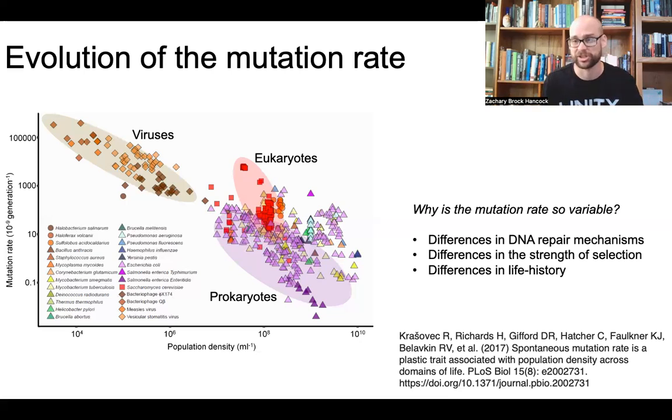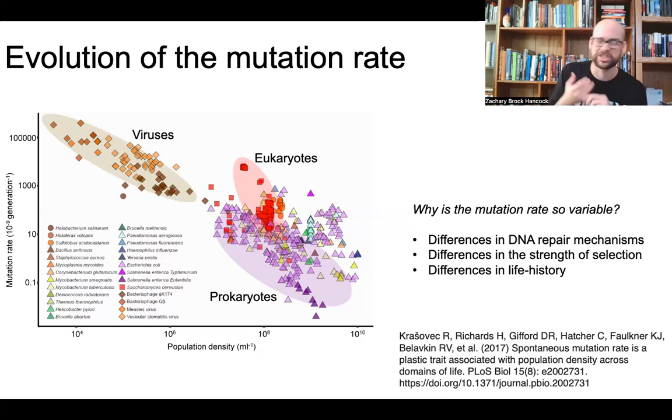If mutations are in general bad, then what you would expect is that selection should be trying to keep the mutation rate low. Therefore, if selection and drift are battling it out, then in big populations, selection should win. We should see a low mutation rate. In small populations, drift should win. We should see a high mutation rate. And that's exactly what we see here in this negative correlation.